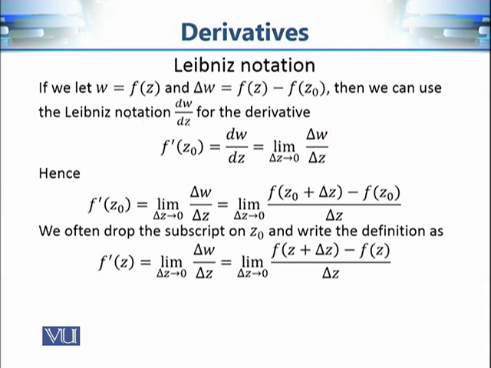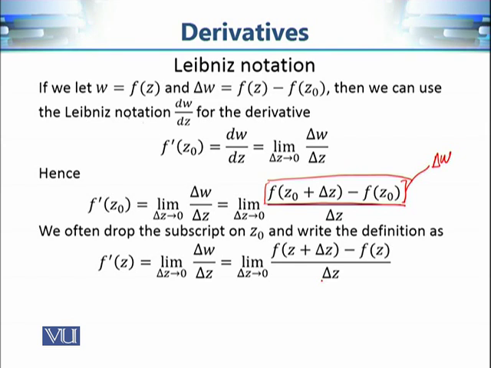So in this notation, our derivative becomes f prime of z naught is equal to the limit as delta z approaches 0 of delta W over delta z, which is equal to the limit as delta z approaches 0 of this thing in the numerator, which is basically delta W. Now the point is z naught is any point in the domain of the function.